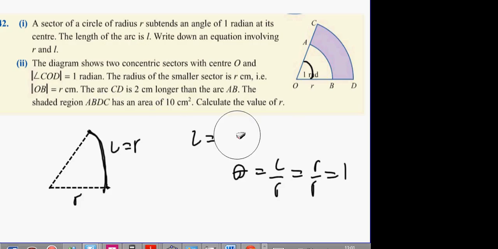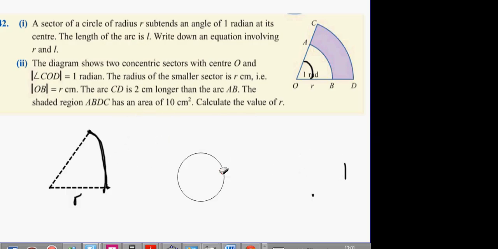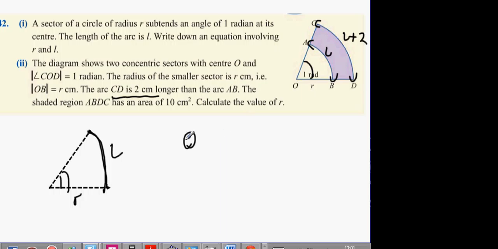I'm not going to go through it all, but here's the basic gist of it. This is r. Let this be called L. This one therefore must be L plus 2 centimetres longer. Now look at this. It's 1 radian. So remember what I said, angle equals L over r.